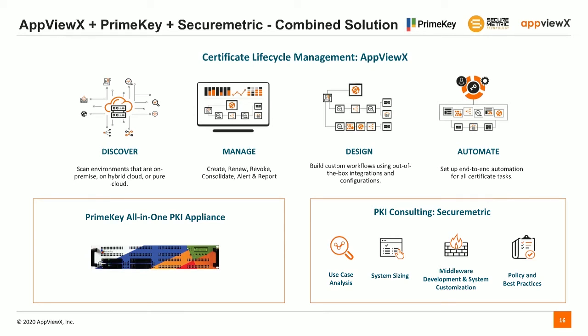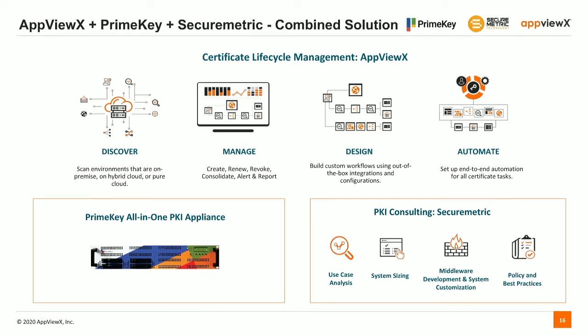So all the certificates issued by the CA would be discovered and inventoried. And then you can also discover certificates from the end devices through a network scan or integration with Rapid7 policies and whatnot. So that you have a holistic inventory of both what is issued and what is used.